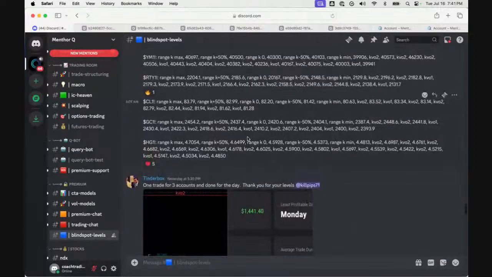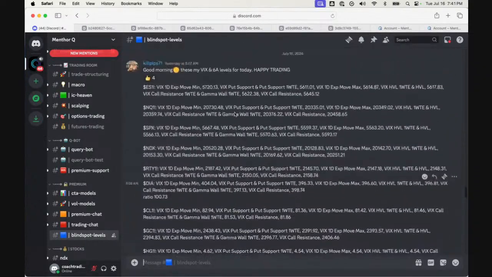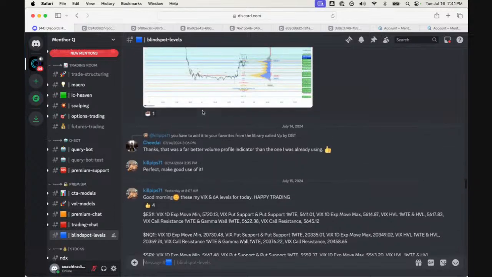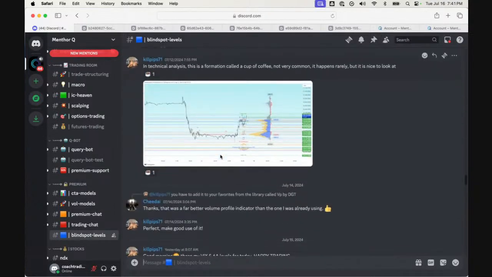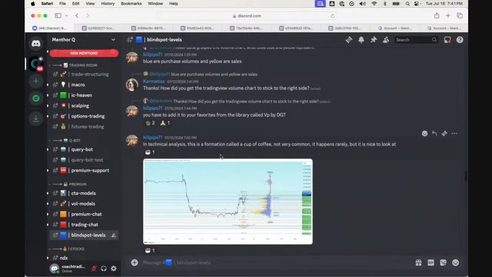This has really been helping the community, because you get additional inputs from users with a different approach. For example, if you look at volume, our user Killipips uses a very good volume approach, and this becomes very valuable. We also have Chidai, who has built a conversion file. The community is really helping each other be successful and leveraging the tools we have available for you guys.